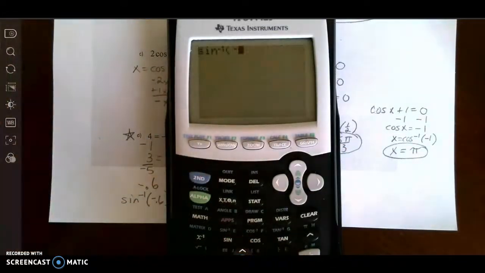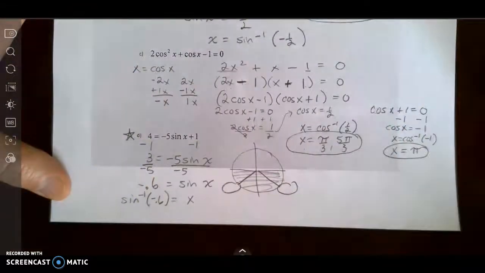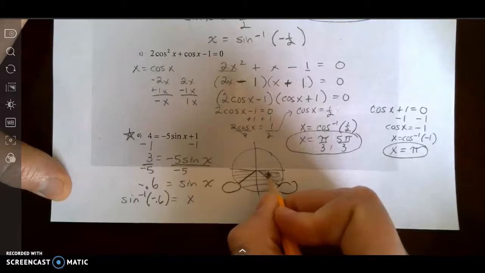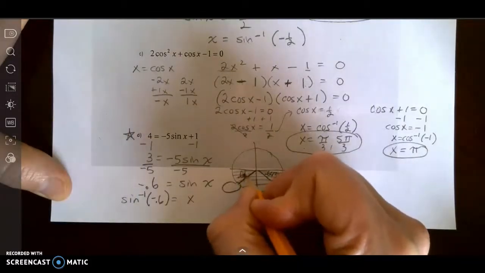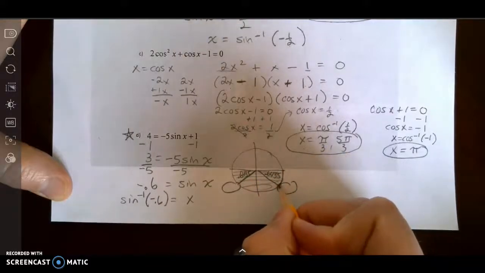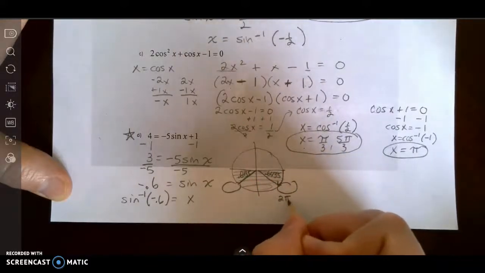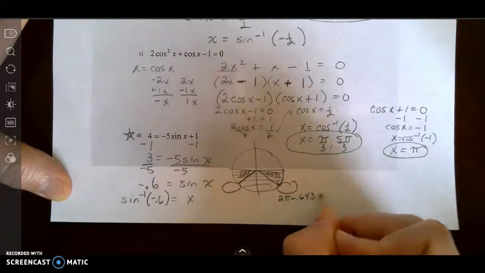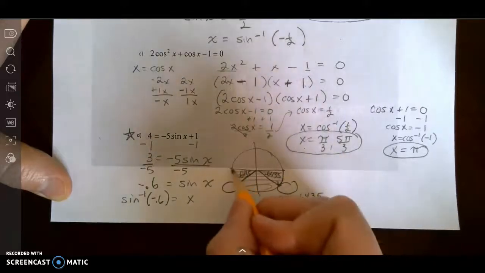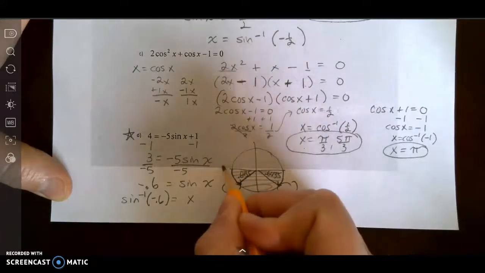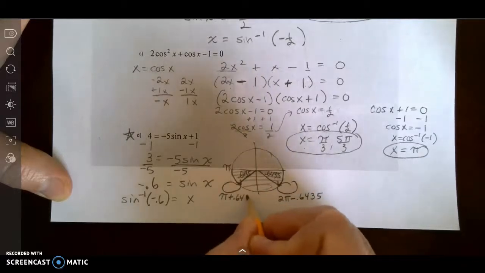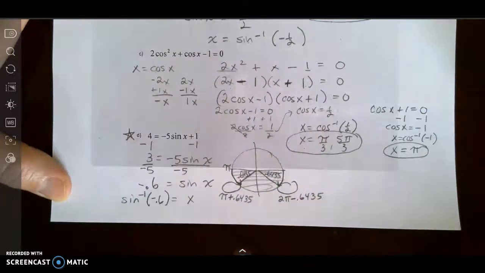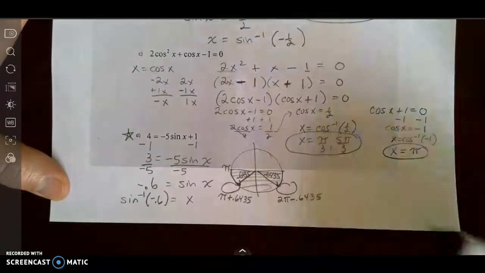Inverse sine of -0.6, and I get -0.6435, which means this angle right here is 0.6435. This comes down from 2 pi, so this is 2 pi minus 0.6435. This is going in the positive direction from pi, so this is pi plus 0.6435. And those will give me my two answers.